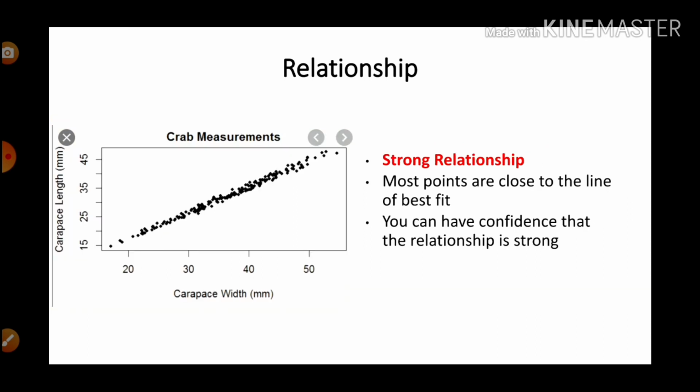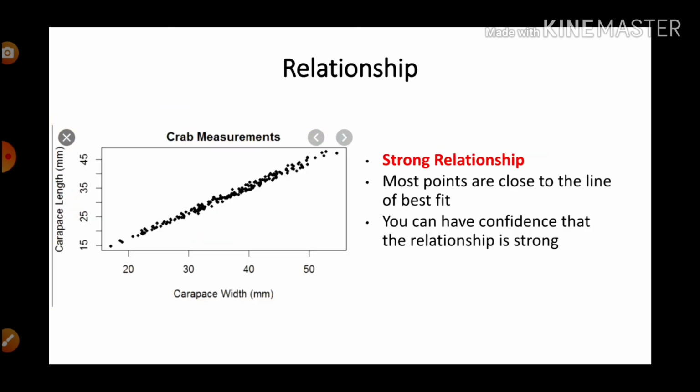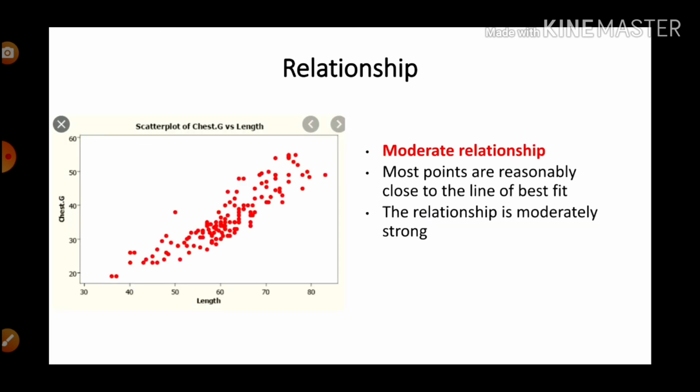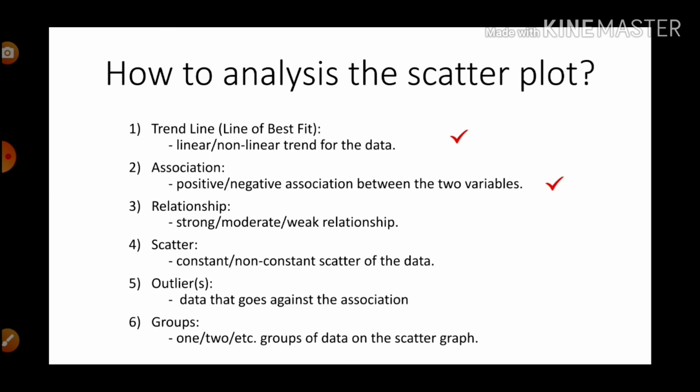Compared to moderate and strong, you can say moderately strong or moderately weak. So if it's in between and you're not sure which one to say, then you can say something like that. So we just covered what a strong, what a moderate, and what a weak relationship is.